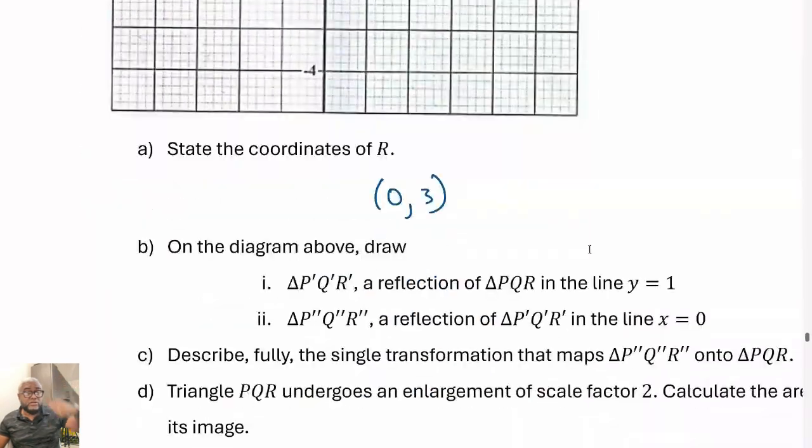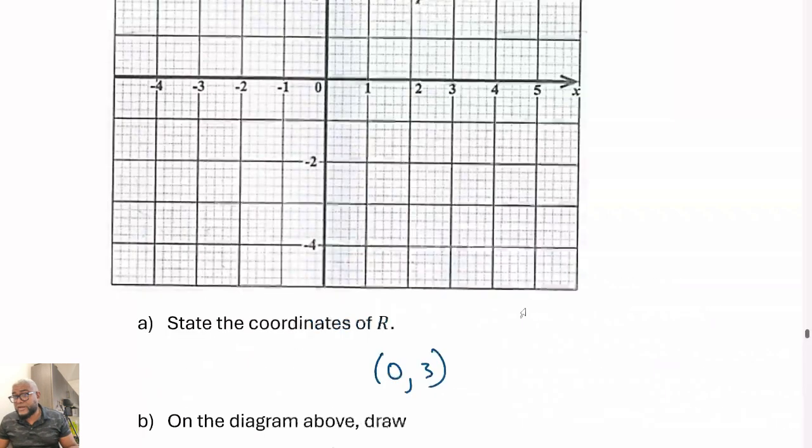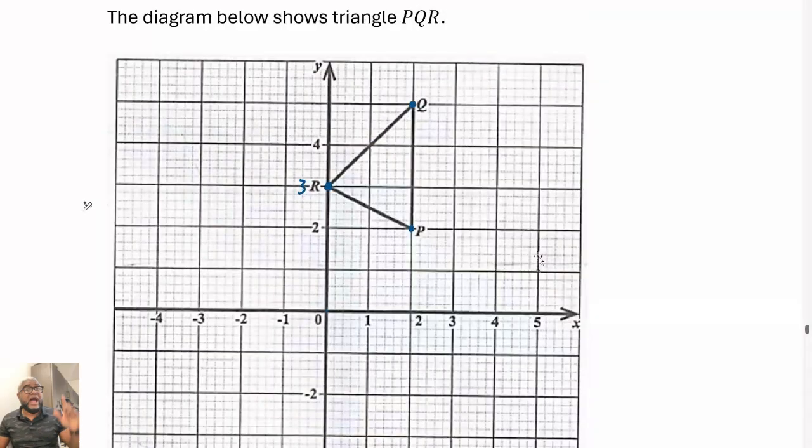You're sure? Right. On the diagram above, draw P prime, Q prime, R prime, a reflection of P, Q, R in the line y is equal to 1, right? Scrolling up, I'm going to draw the line y is equal to 1. Where is 1 on the Y axis? Is it here?